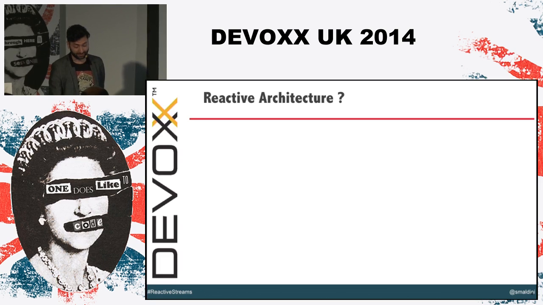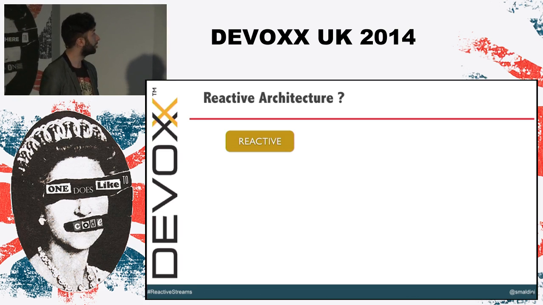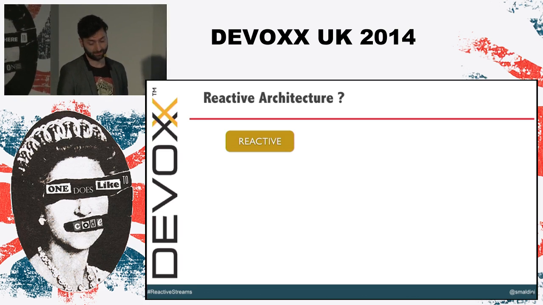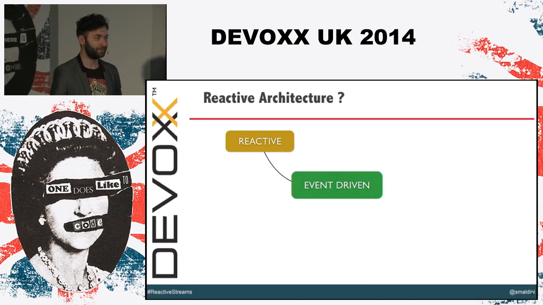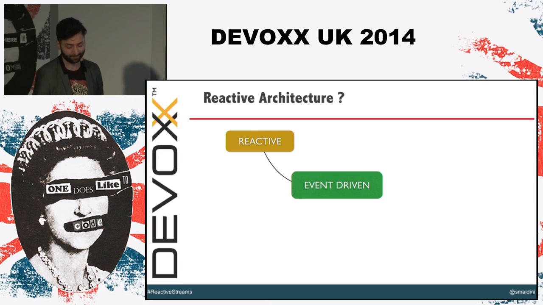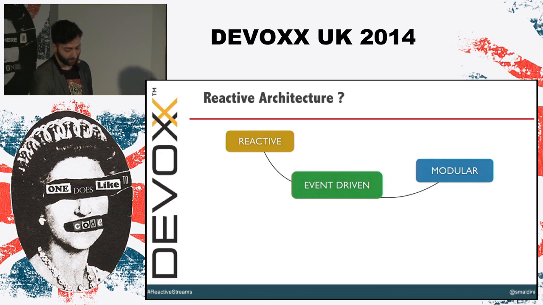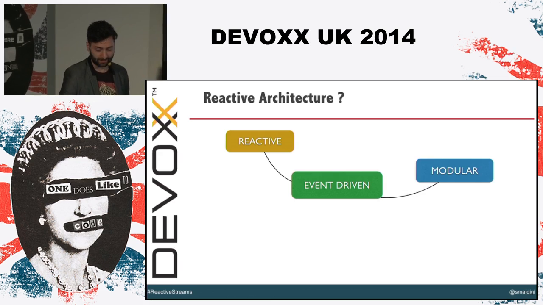So what is reactive, in fact? Well, reactive architecture, as defined by an interesting manifesto which I strongly recommend, there is a link in the slides afterwards, is essentially a new name for event-driven architecture. But there are some interesting aspects.